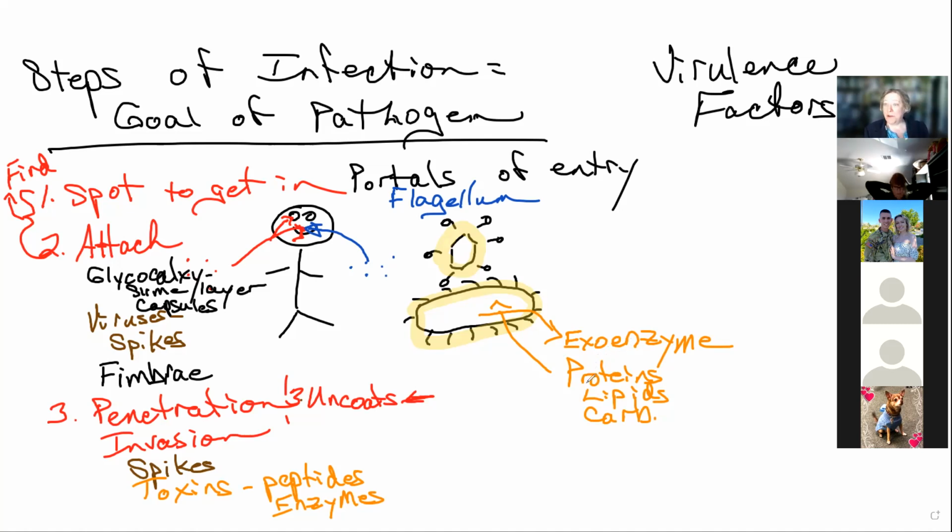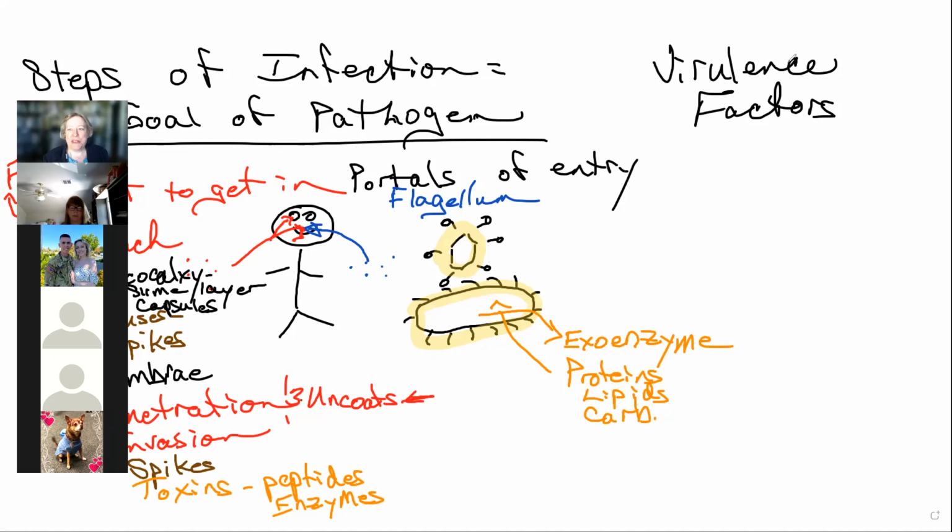So they would be considered avirulent, or very low virulent. Whereas hemorrhagic E. coli, because it has all of these virulence factors, is considered very virulent, okay. Are we getting a feel for what virulence means?